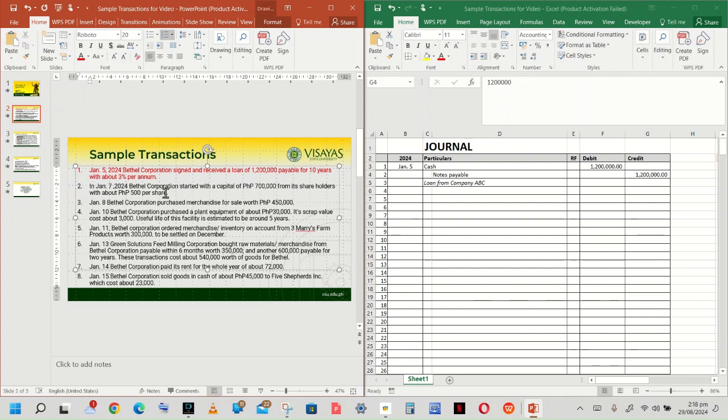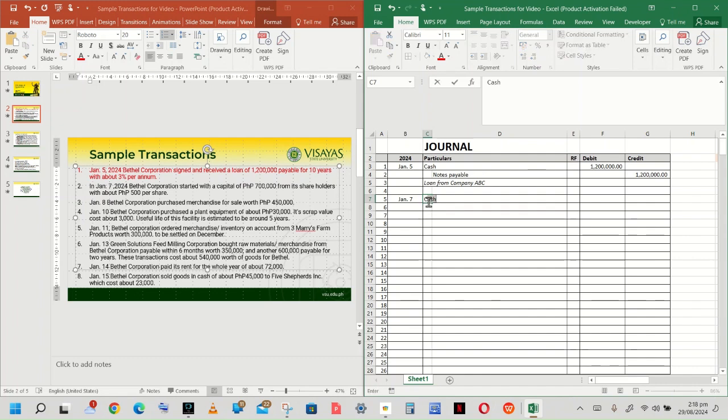So, alright. For the next transaction on January 7, we enter January 7. Bethel Corporation started a capital of 700,000 from its shareholders with about 500 pesos per share. Hence, there will be cash on hand given to the company.